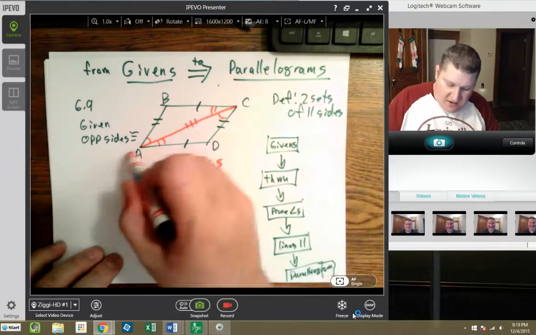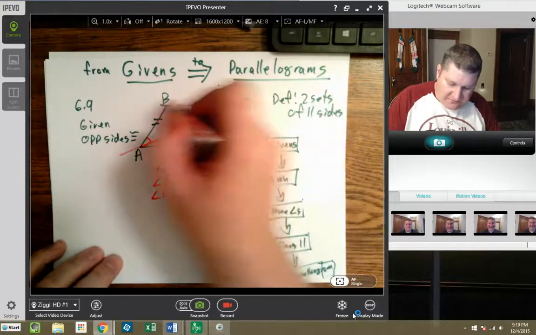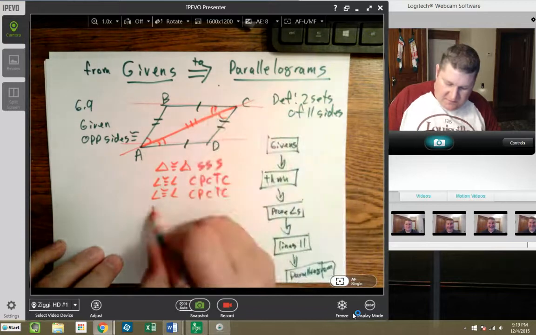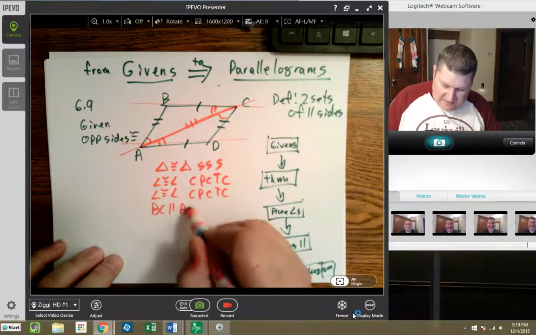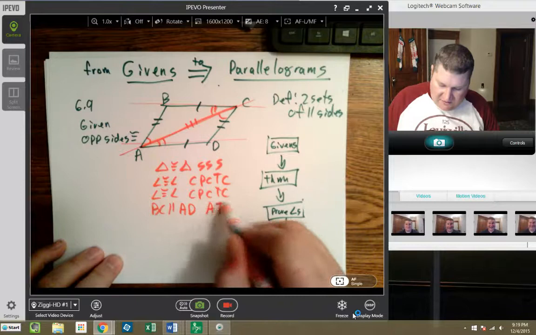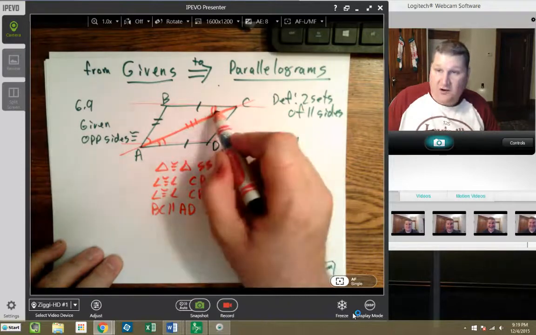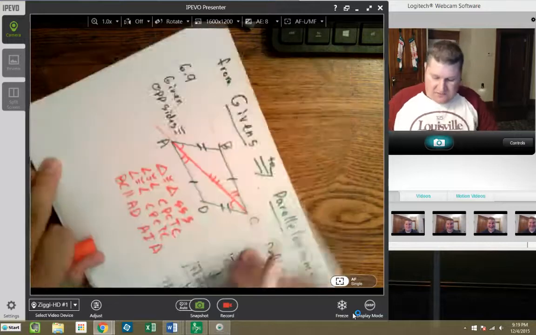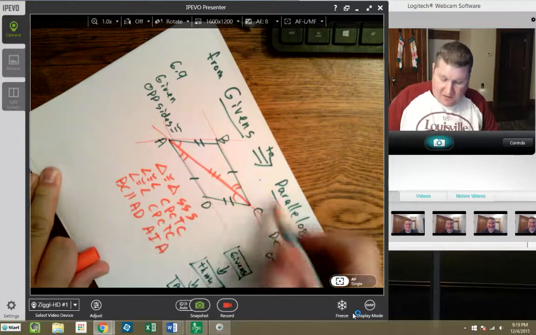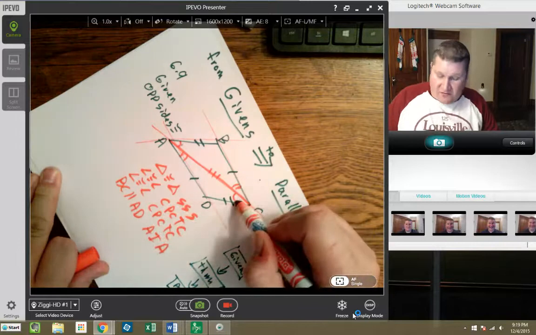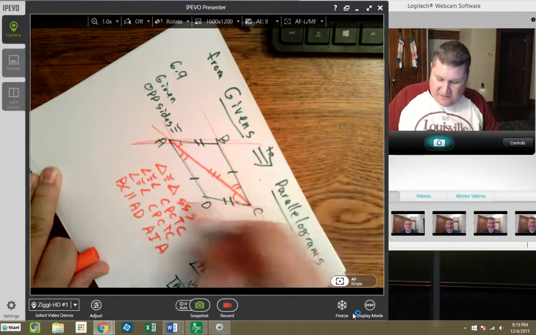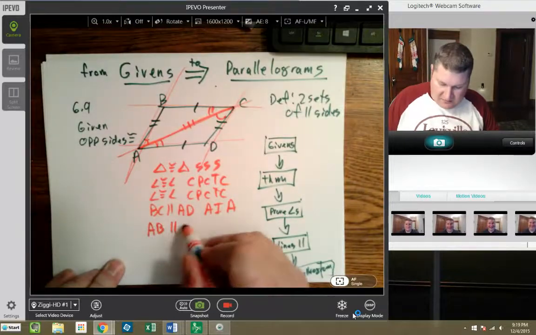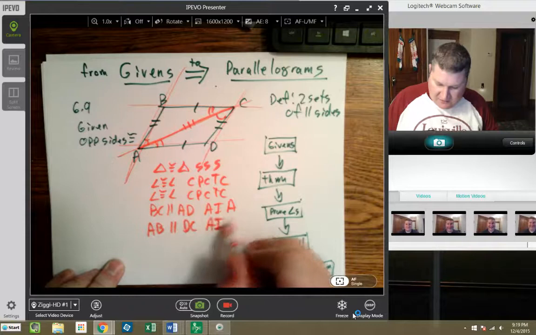Now, I know that if this angle is congruent to this angle, then BC is parallel to AD by alternate interior angles, because if the angles are congruent, the lines are parallel. I can also turn it this way and say, if this angle and this angle are congruent, that means this line and this line are parallel. So I can say AB is parallel to DC by alternate interior angles.